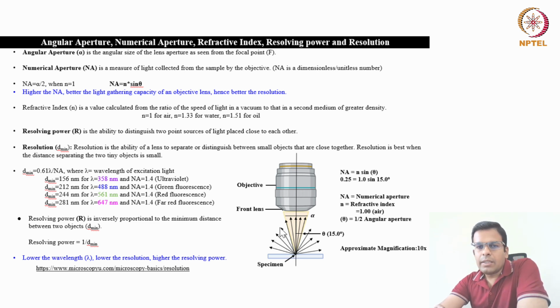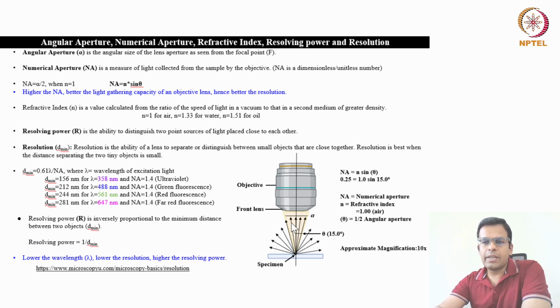Then the numerical aperture. Numerical aperture is a measure of light collected from the sample by the objective. Let's say the sample emits light in all different directions. But out of so many rays, the objective lens is collecting only these 1, 2, 3, 4, and 5 rays.